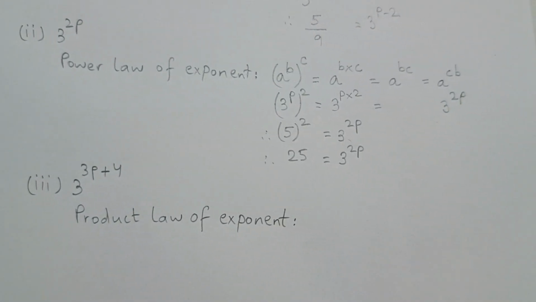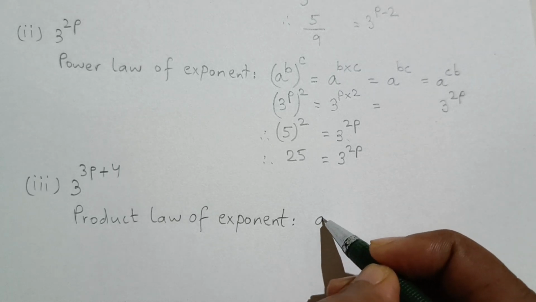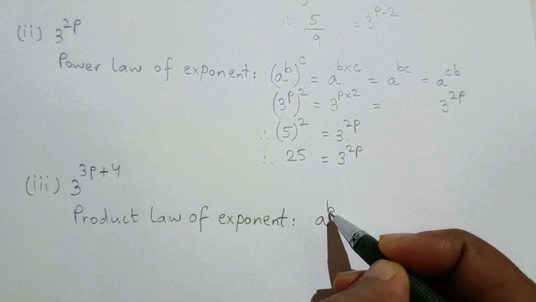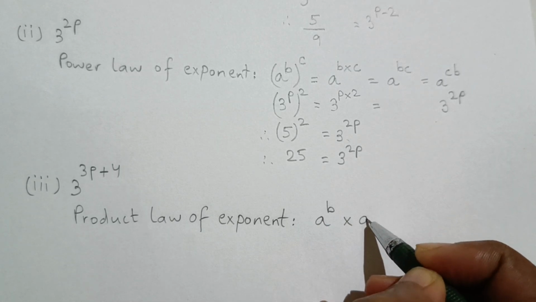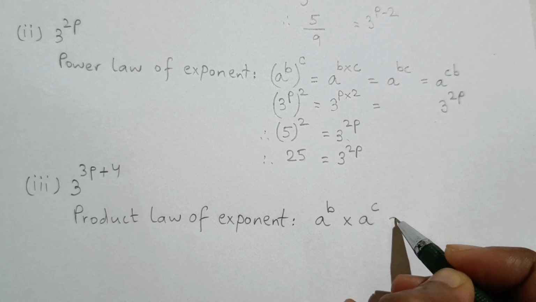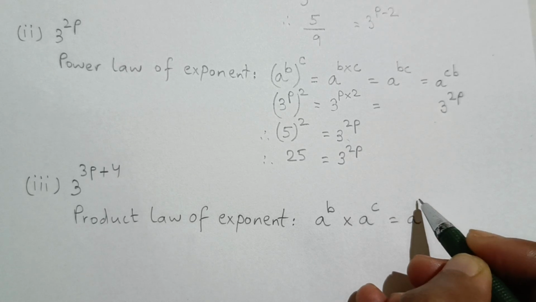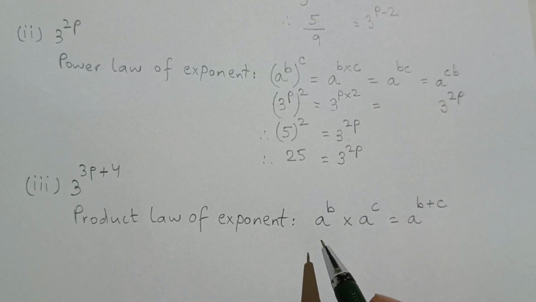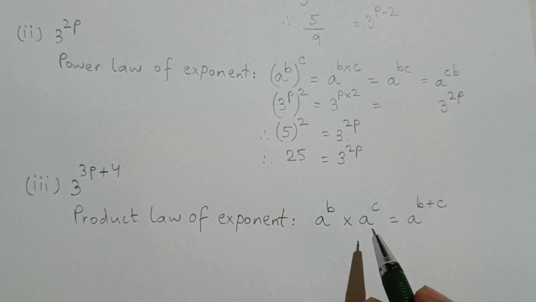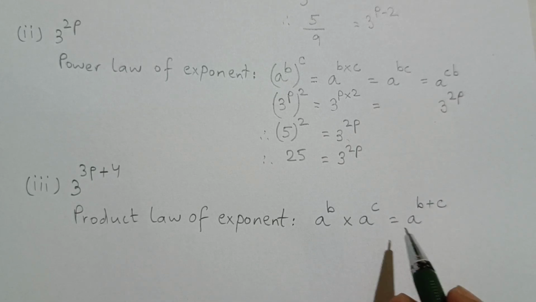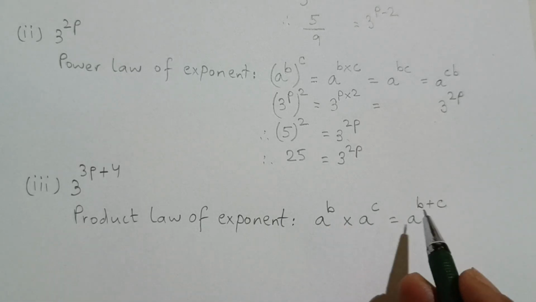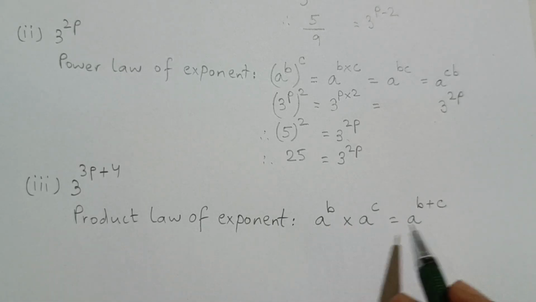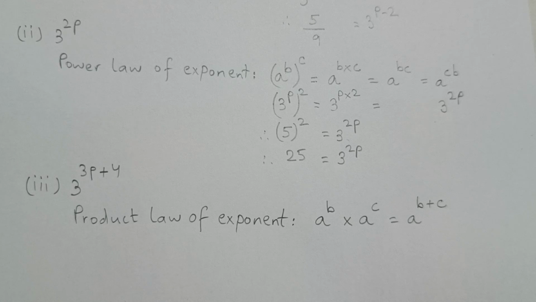The product law of exponent is a to the power b multiplied to a to the power c is equal to a to the power b plus c. So this is the product law of exponent.